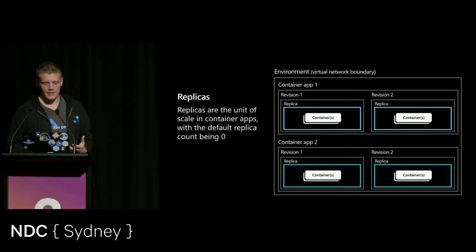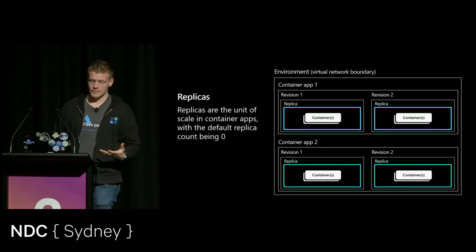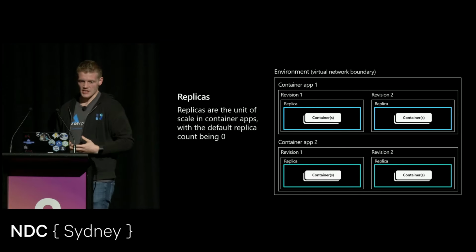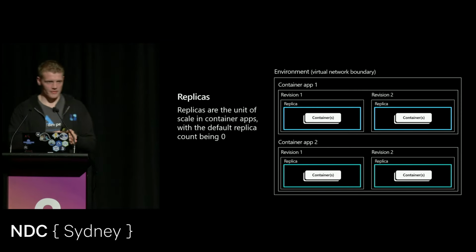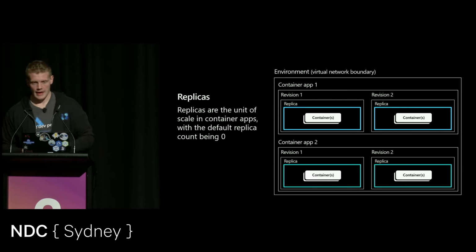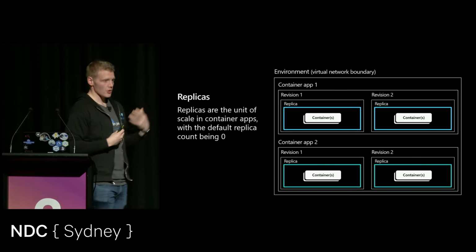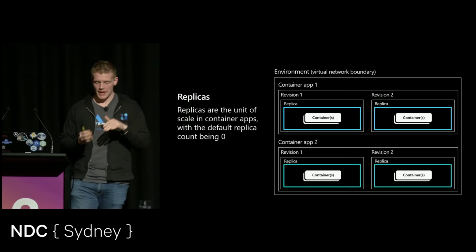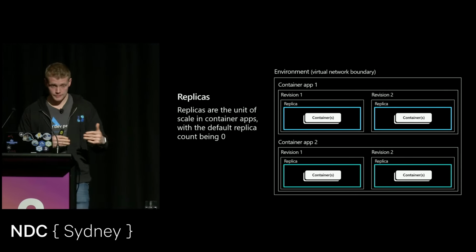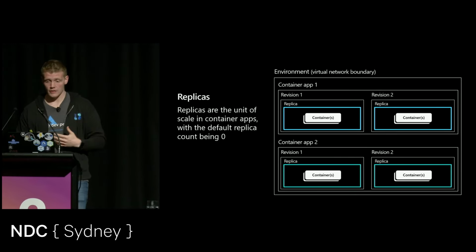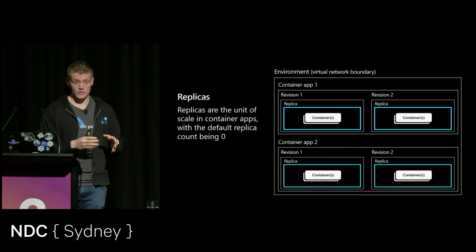To talk about replicas, the unit of scale in Azure Container Apps is called a replica. This is essentially how many replicas are going to be available to a particular revision of your container app. One thing to note is that when you're running in multiple revision mode, each revision is going to have its own scale rules.